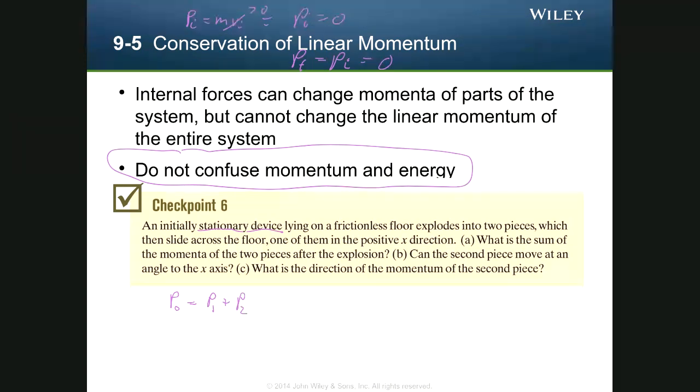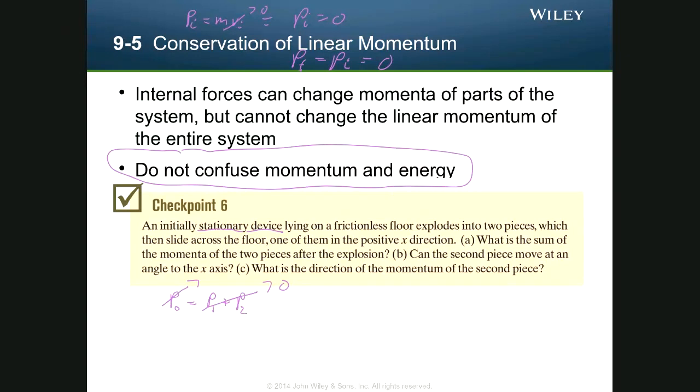So this has to be 0, and 0 has to equal 0. The sum of the momentum of the two pieces after the explosion has to be equal to 0 because the initial momentum is 0. So A is 0. Does that make sense? Does everyone see it? I know Mina sees it. Good.